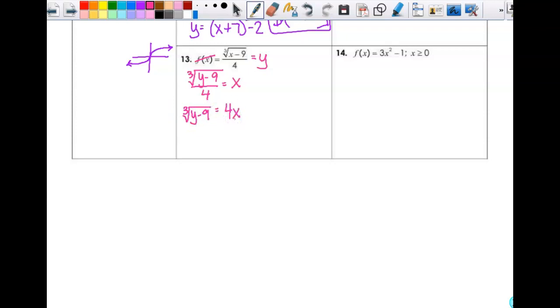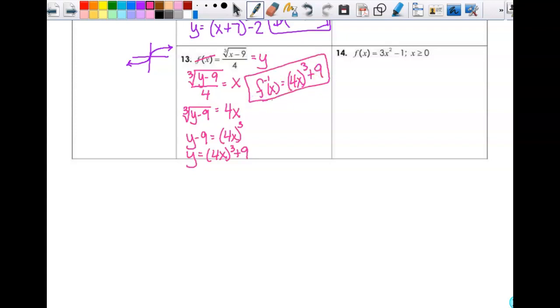Then I'm going to cube both sides, so I get y minus 9 equals 4x cubed. And then I'm going to add 9 to both sides, so y is equal to 4x cubed plus 9, which means that f inverse of x is equal to 4x quantity cubed plus 9. So there's my inverse function.